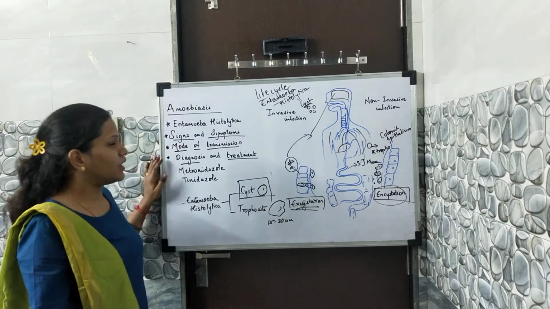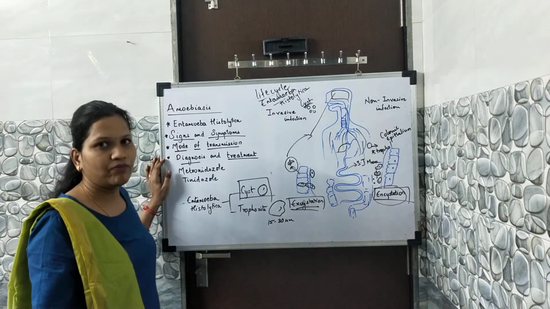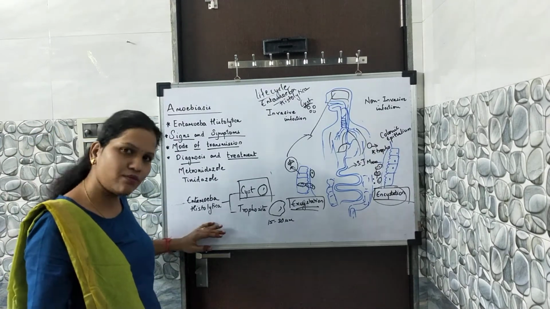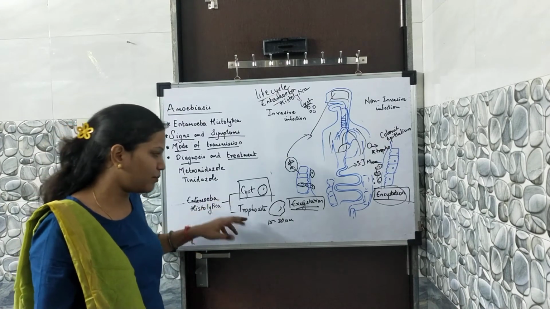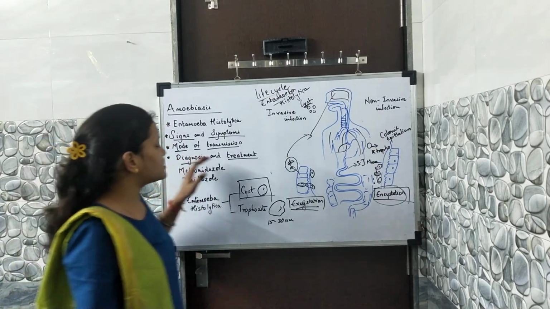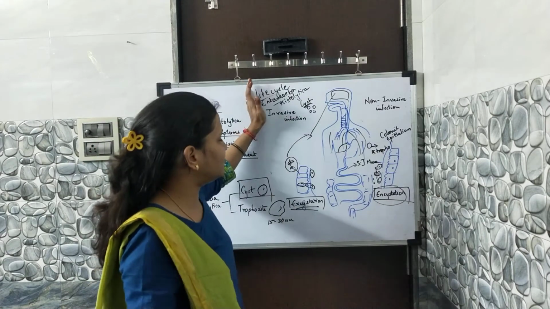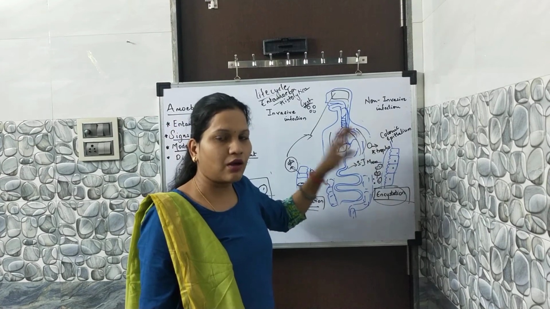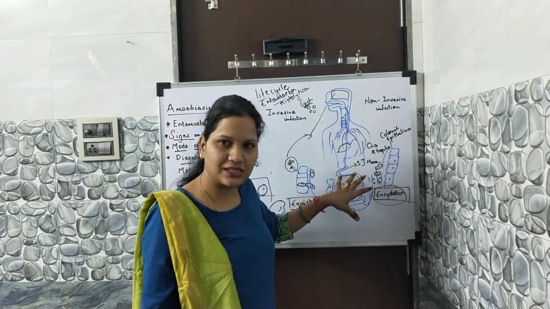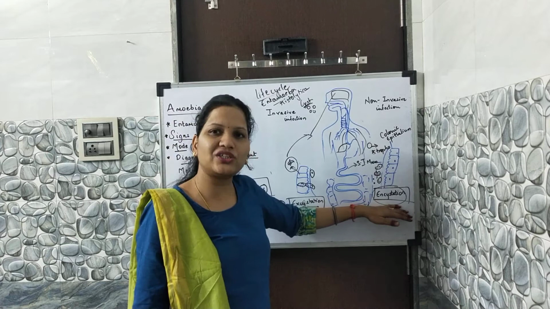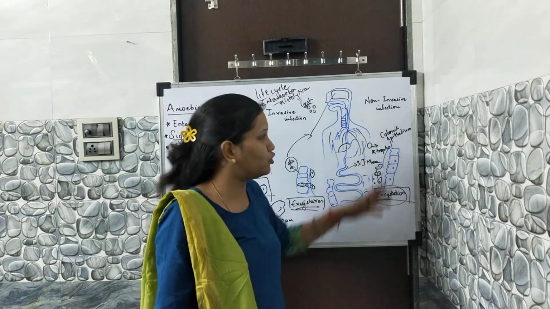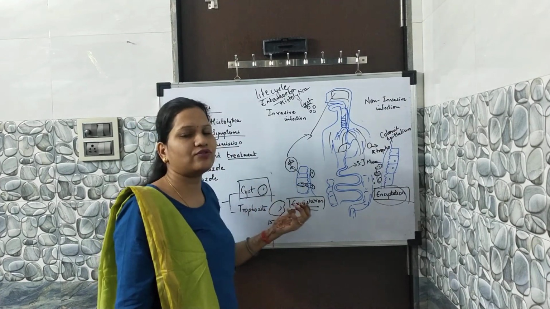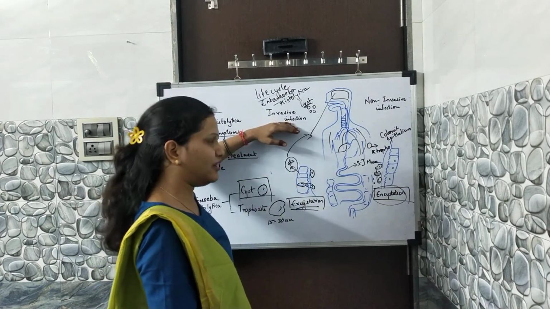I believe you must have understood the disease amoebiasis. We have discussed the protozoa Entamoeba histolytica and its two forms, the cyst form and the trophozoite form. We have also discussed the mode of transmission, the life cycle, where the cyst enters the small intestine. The main part is the large intestine, where encystation forms and comes out through the stool during the non-invasive infection, while the invasion of other parts of the body is called the invasive infection.